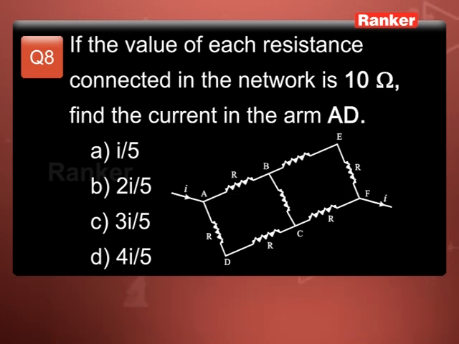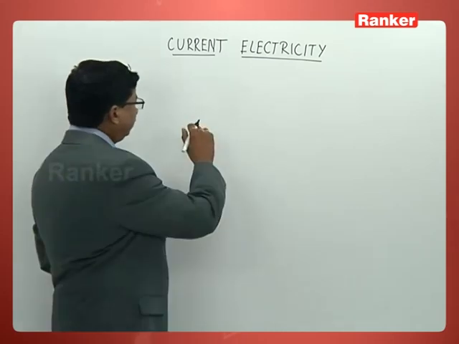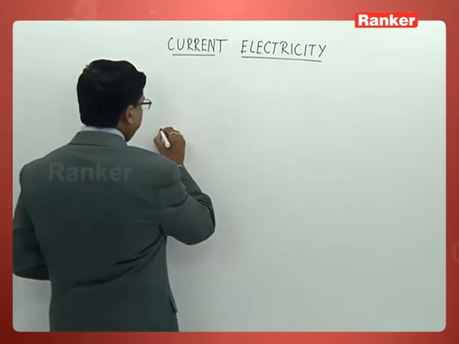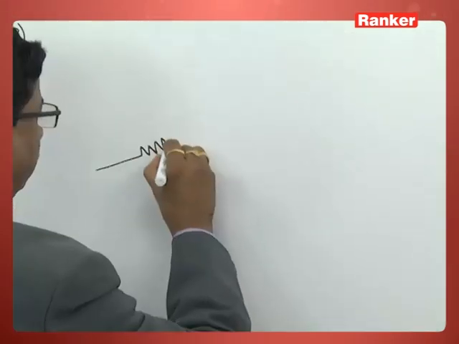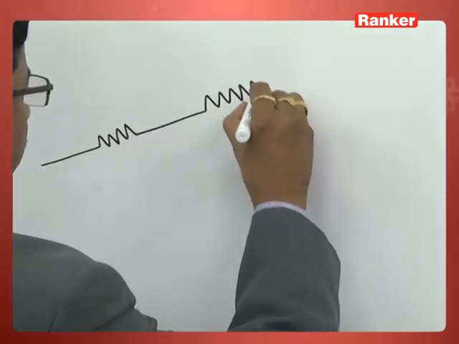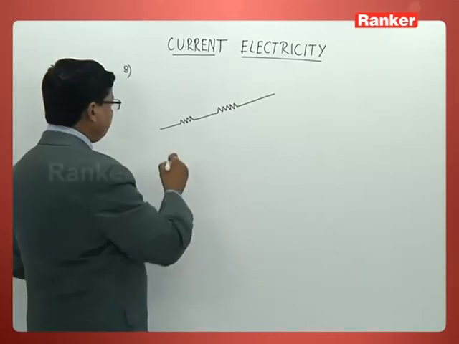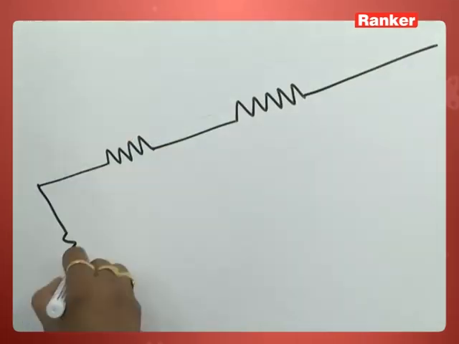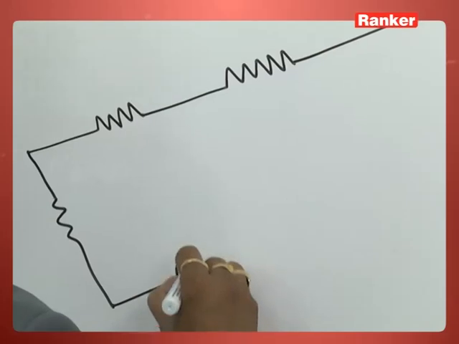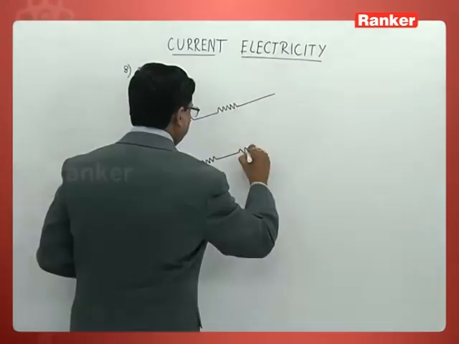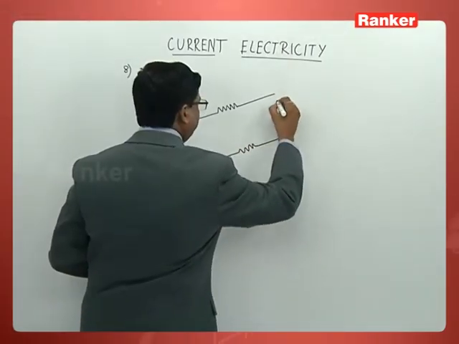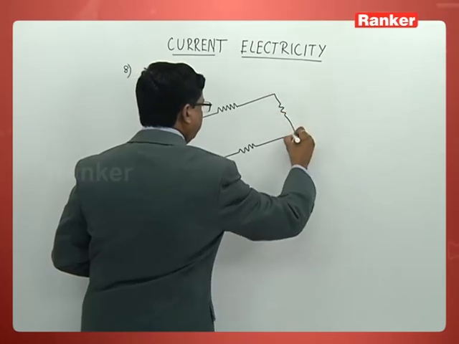And let me draw the circuit first for you, so that you can think of the corresponding answer for that. The circuit is given this way. One resistance here, one more resistance here. That is what has been mentioned. One more resistance is connected this way, one more like this, one more like this, and one more resistance is connected here.